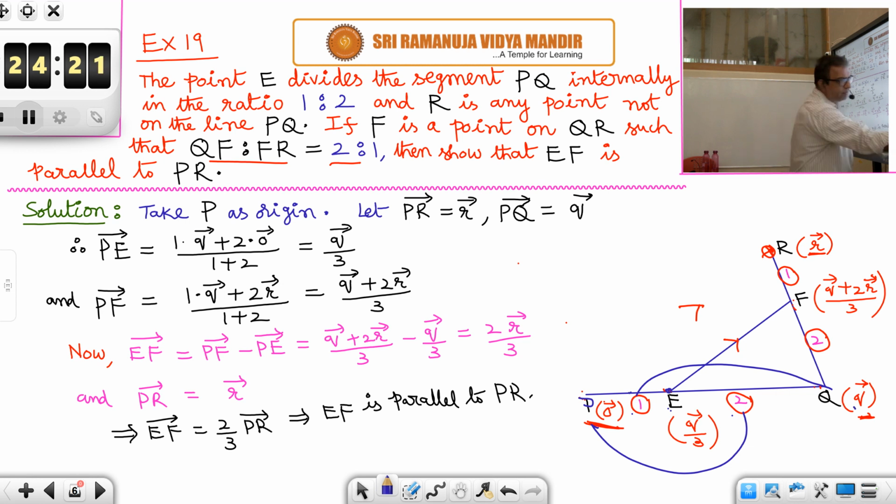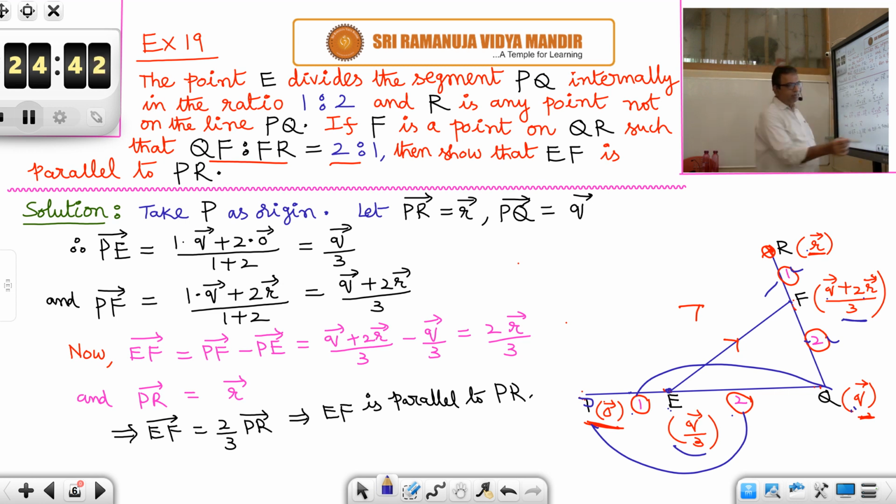So 1 into Q by 3. So Q by 3. Right. Similarly, F's position vector also you can find using the section formula 1:2. 1 into Q bar here plus 2 into that side R bar, by 1 plus 2, 3. So that is the position vector I have written.